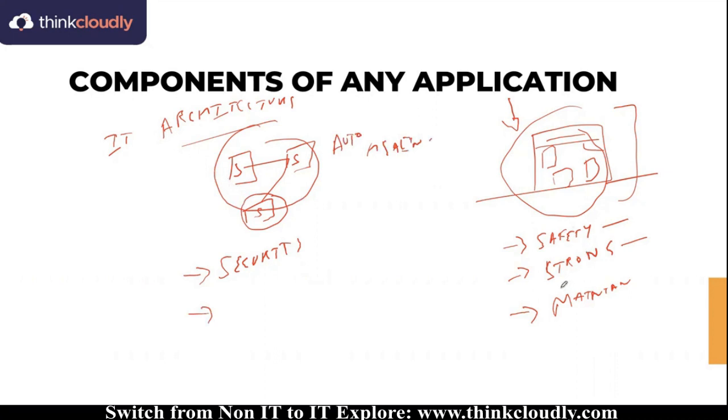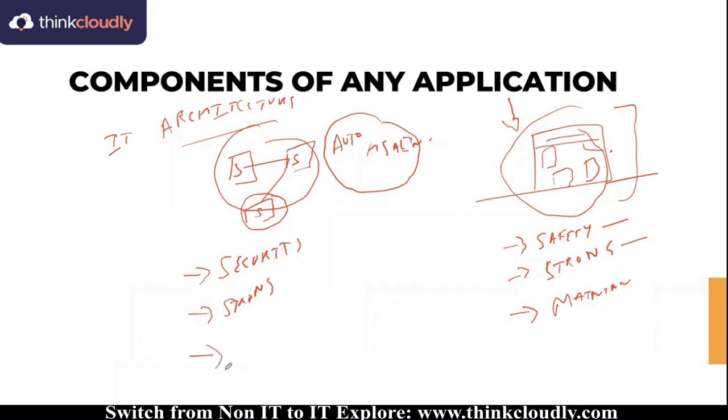Over here we want our home to be strong, and we will use material which will make sure that our house always stands in all natural calamity. Just like that, in the IT architecture or IT application, we want it to be strong. For strength, we have some ways for auto healing, so that in case of any failure, it can immediately auto heal the architecture.